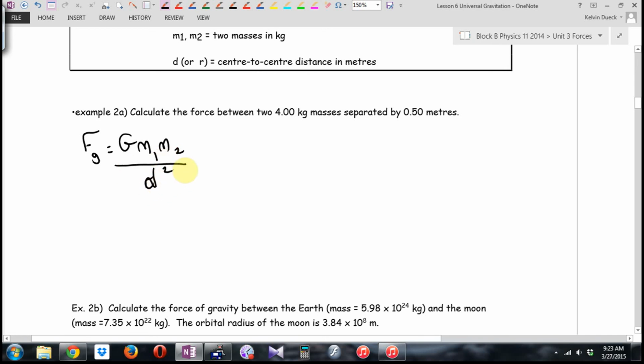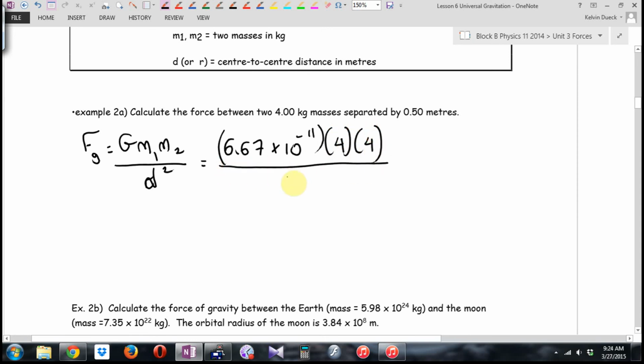By the way, you can use d squared or you can use r squared for radius because you kind of treat these like circles. Anyways, it's going to be 6.67 times 10 to the negative 11, 4 kilograms, divided by 0.5 squared.